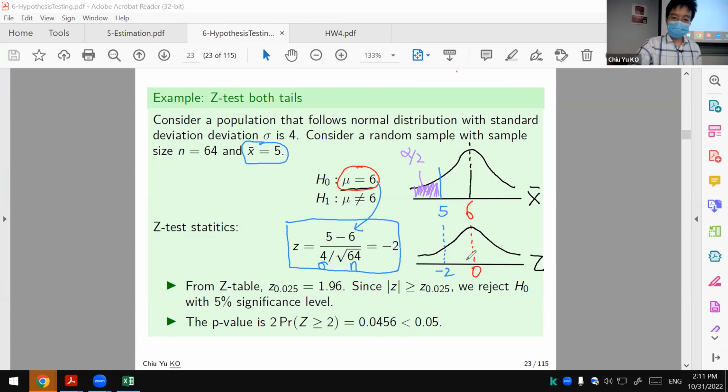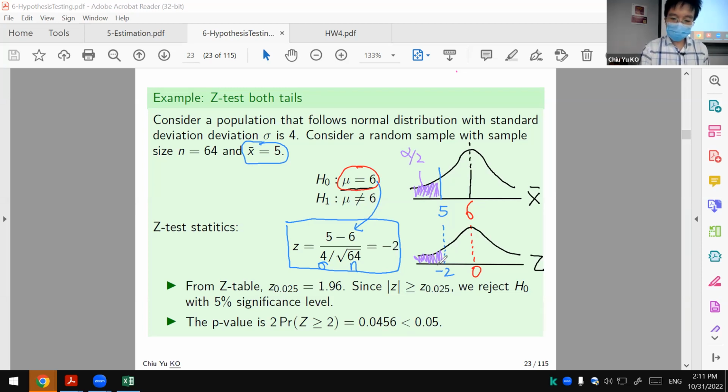What we are asking is about this area: we times it by 2 and compare to alpha. Or this area compared to alpha over 2. But you just multiply by 2.